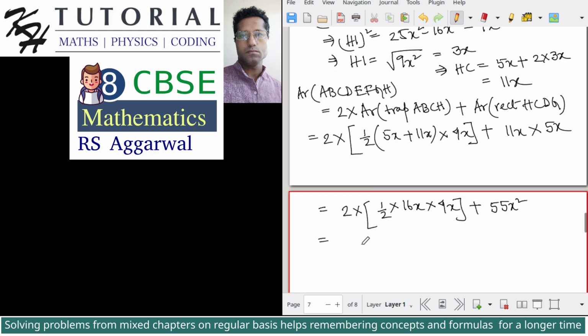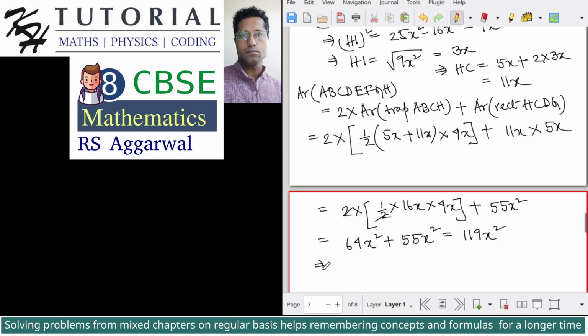So after further simplification, 2 gets cancelled out, we get 64x square plus 55x square. This is equal to 119x square.